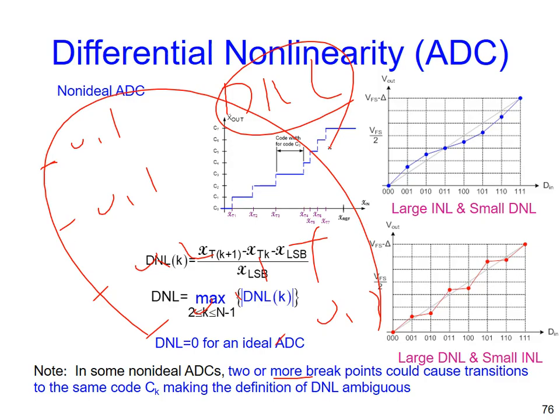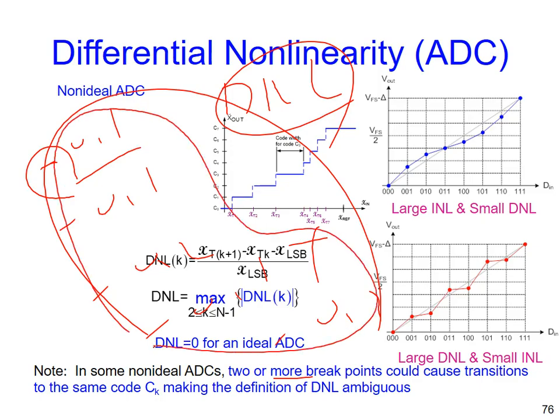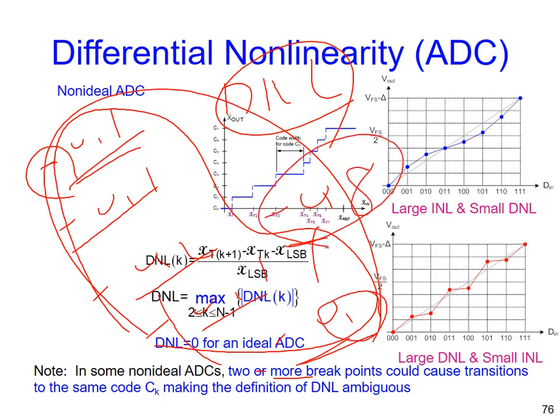So if you get a lot of negative DNL or a lot of positive DNL, you need to be very careful because you need to sum them up to become your INL. So minus 1, minus 1, minus 2, minus 1, minus 3. Wow! You have minus 0.8 for your INL. That's it.